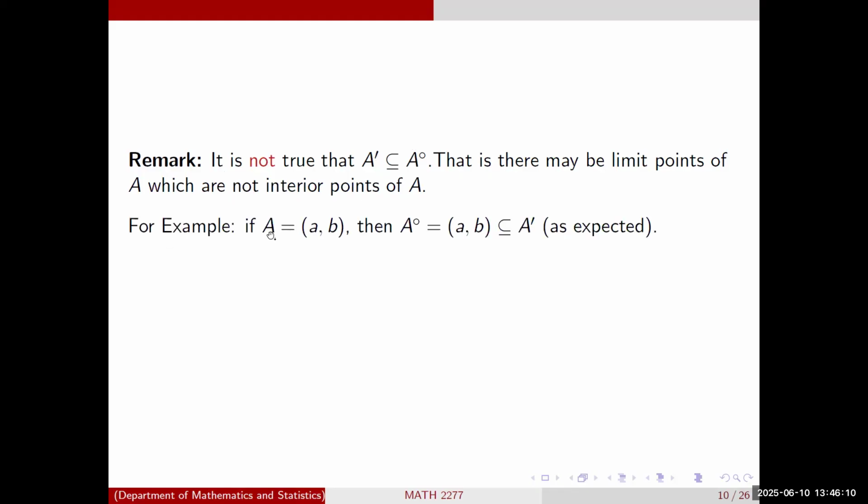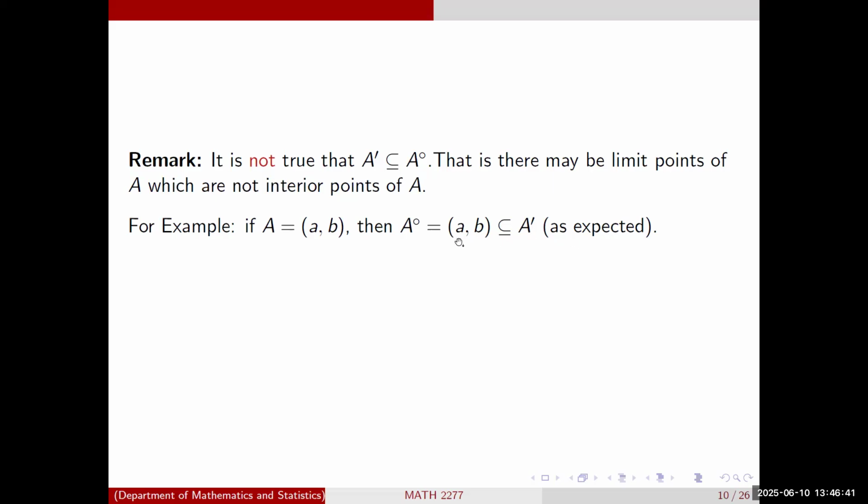For example, if the set A is the open interval (a, b), then A is an open set, right? Open interval means open set. So the interior of our open set is equal to the original set. That's what it means to be open. So the interior of A is the open interval (a, b), and it is contained in the derived set as expected.